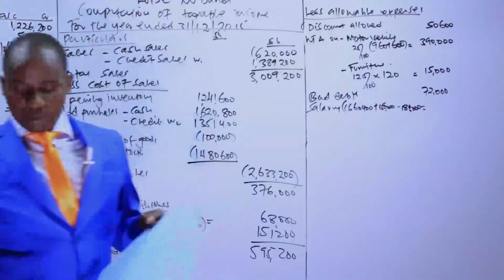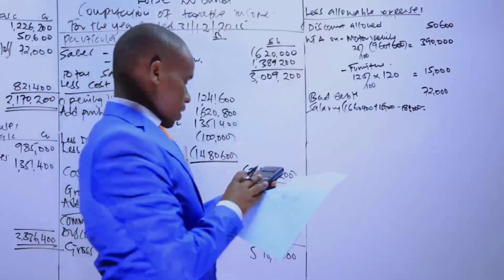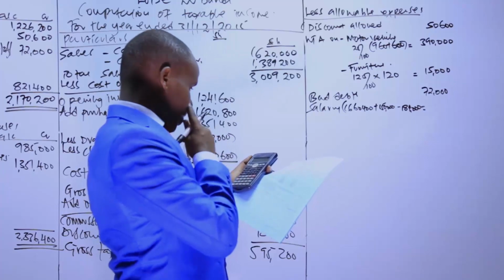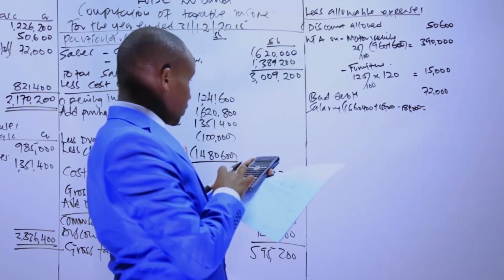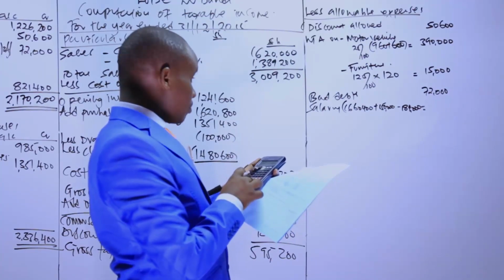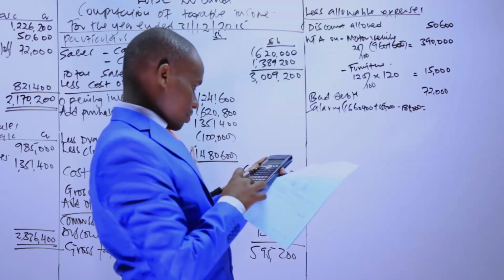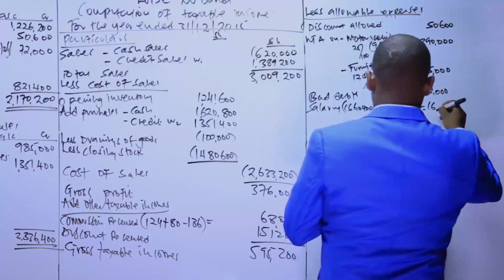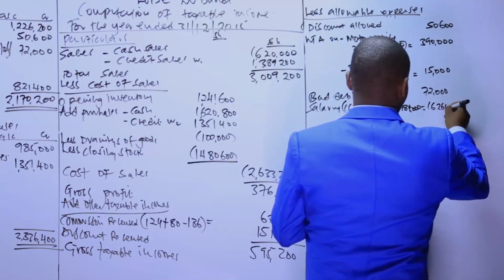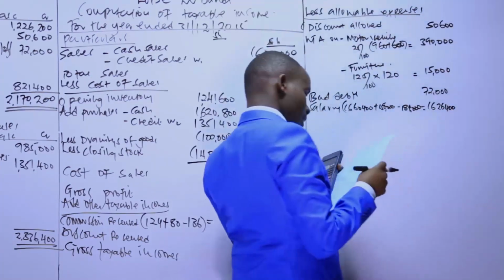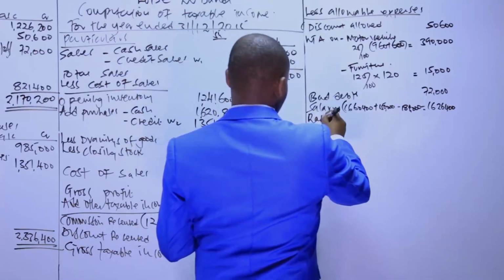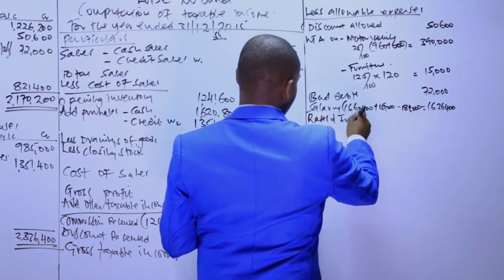This will add up to 16,400 plus 150,000 minus 184. You get 1,626,400. The other expense is rates and insurance.